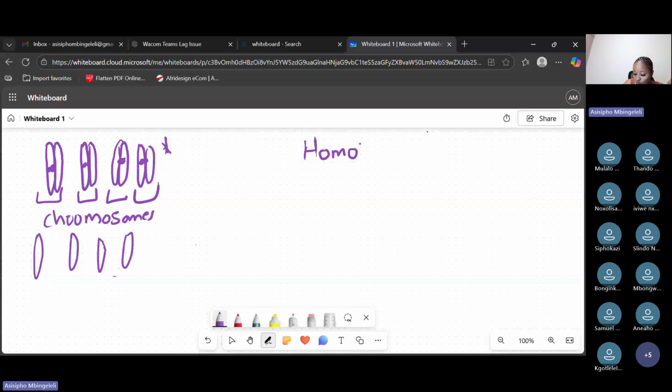Homologous pair, a normal pair, like your shoes or a pair of jeans, of chromosomes. Now, the key word here is pair, but I want us to remember something.